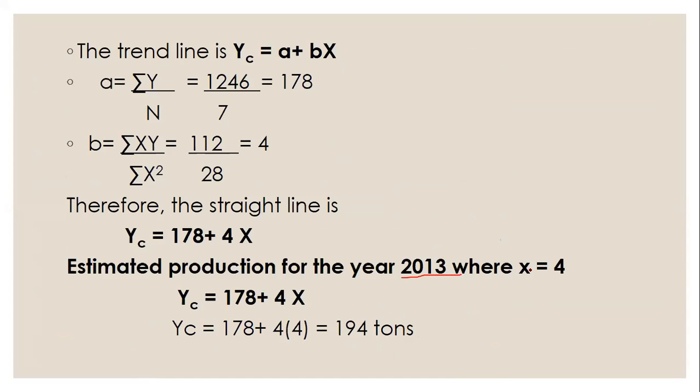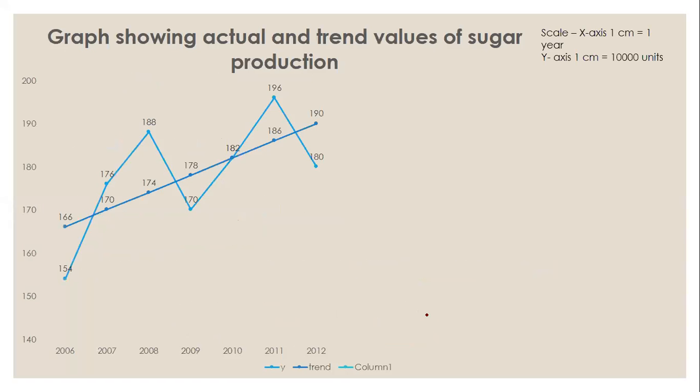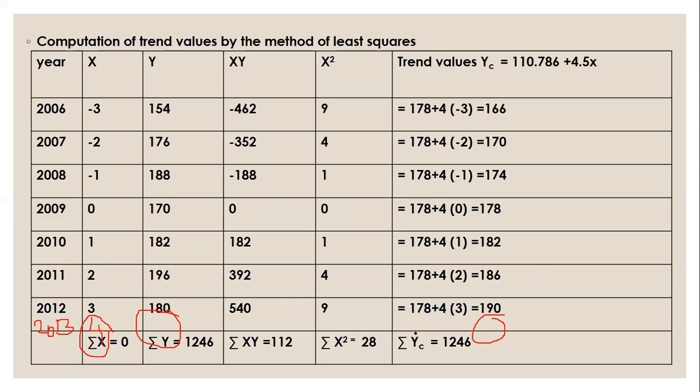So when X is equal to 4, I'll take the same equation, and in the place of X, I'm going to substitute 4. So for the year 2013, I'm going to have the trend of 194 tons. That is the value for 2013.